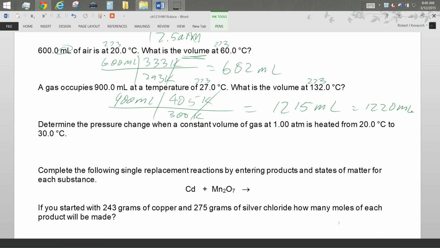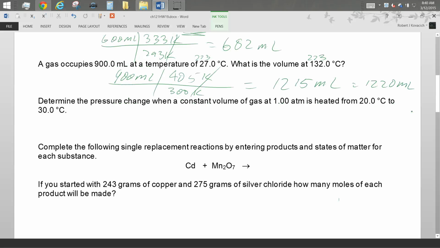Determine the pressure change when a constant volume of gas at 1 atmosphere is heated. Okay, so again we're heating this thing, and so if I increase the temperature on something, what happens to the pressure? It goes up. The molecules of gas or atoms of gas are hitting the container harder.